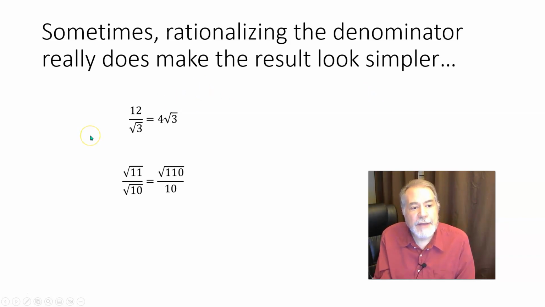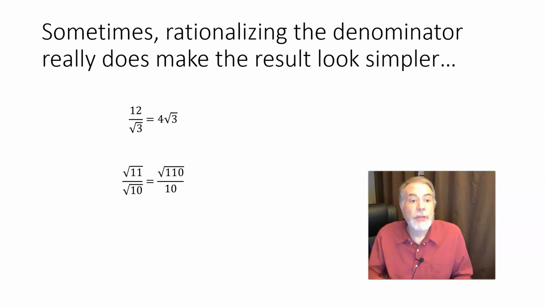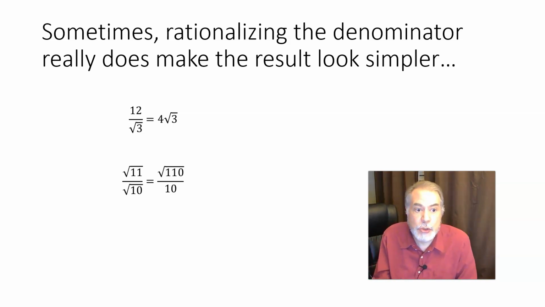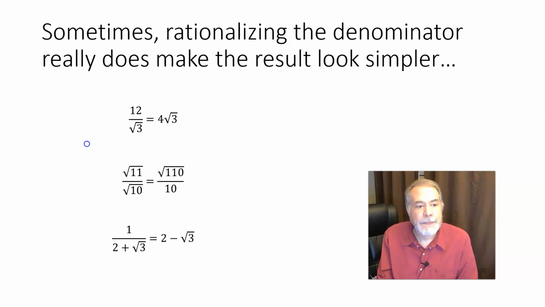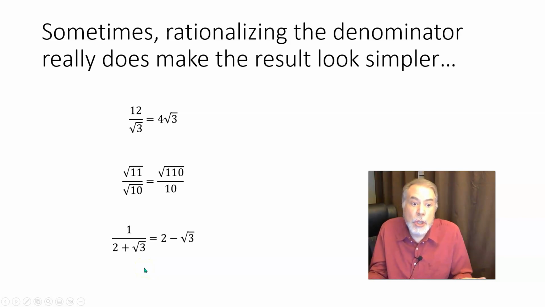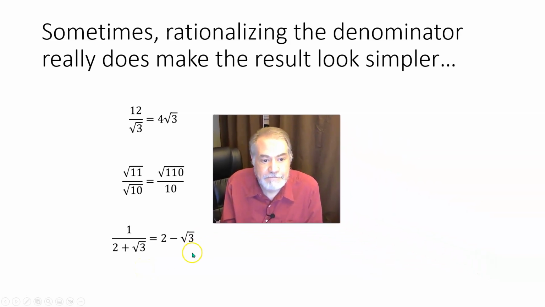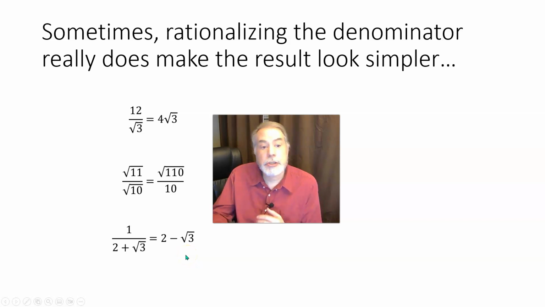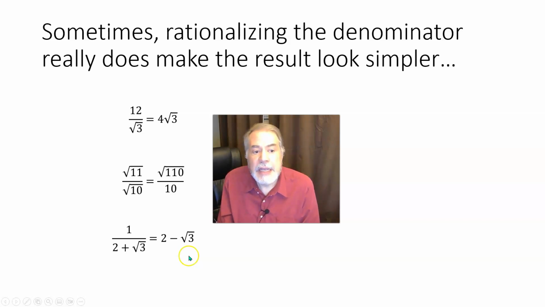The square root of 11 over the square root of 10 can be simplified to the square root of 110 over 10 itself. So instead of having 2 different square roots, 2 different irrational numbers involved there, it just has 1. Or the expression 1 over 2 plus the square root of 3 is equal to just 2 minus the square root of 3. No more fractional expression, just 2 minus the square root of 3. It's the same number, but written in a simpler form.